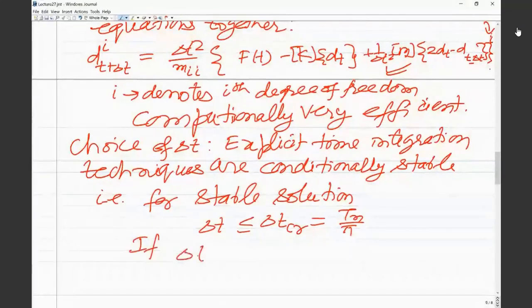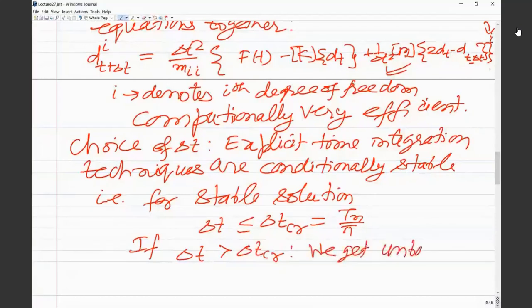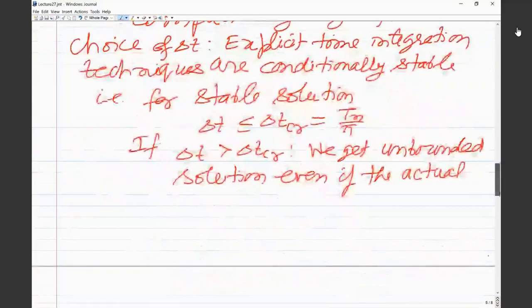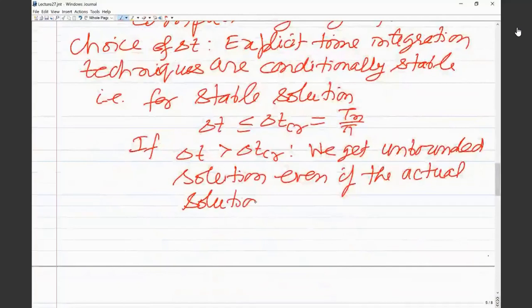Now if delta t is greater than delta t critical, then if you continue integrating in the time domain, we get an unbounded solution even if the actual solution is bounded.